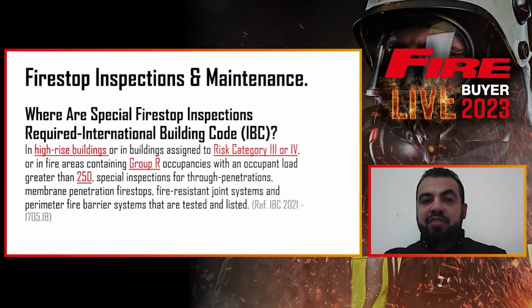The IBC requires firestop special inspections to be conducted in high-rise buildings and other buildings classified as risk category 3 or 4, and newly added to the code are Group R occupancies when the occupant load is greater than 250. So this special inspection for through penetrations became mandatory for these types of buildings.